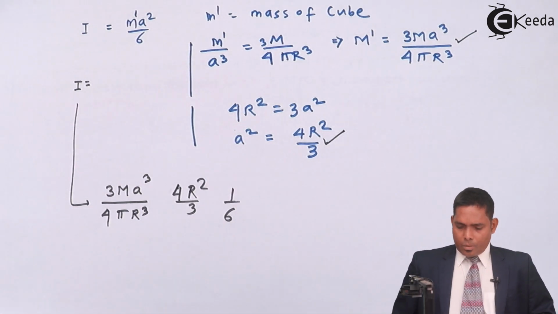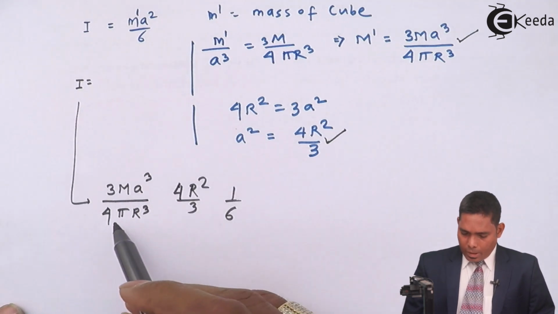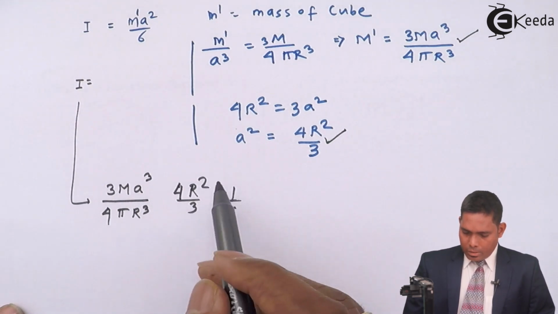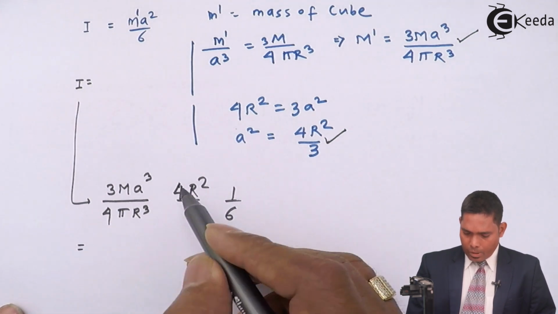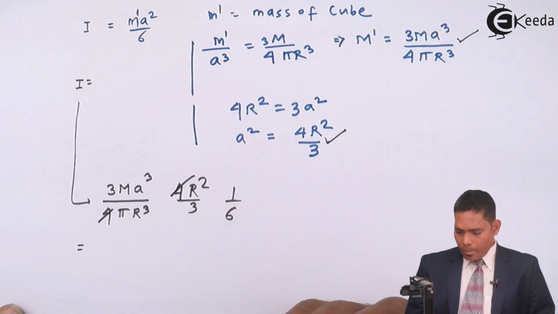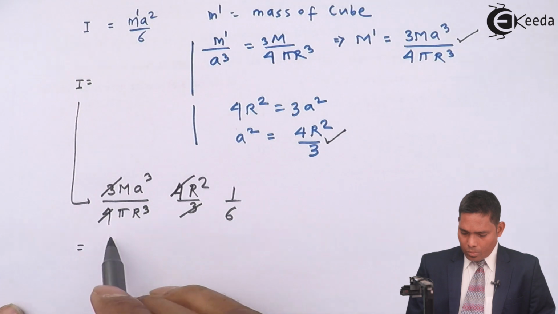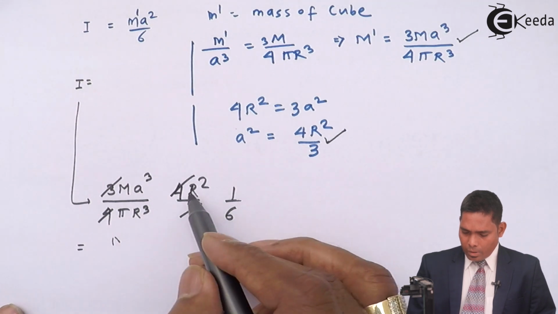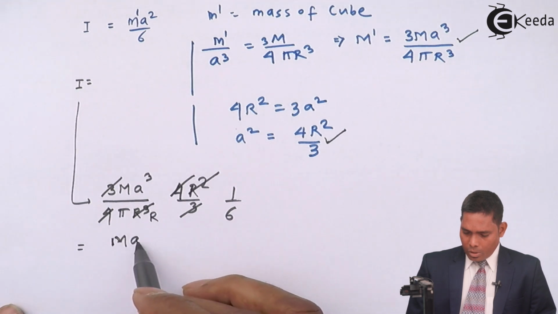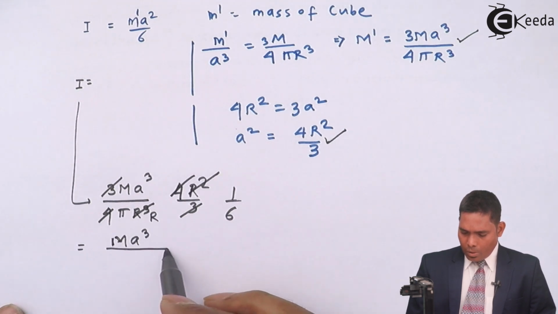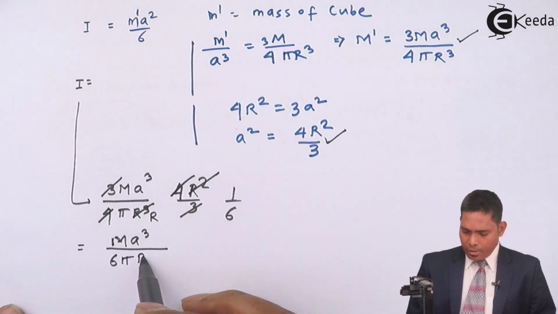Now from here I'll cut 4, I'll cut 3. So it is m, and I will cut r square, so it will become r. So it will become m a cube upon 6 pi r.